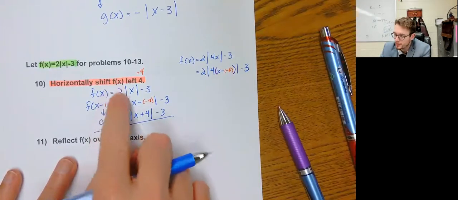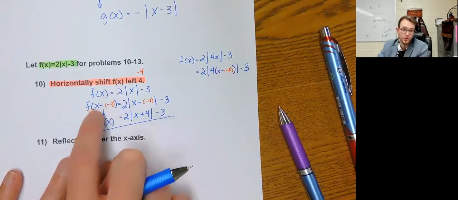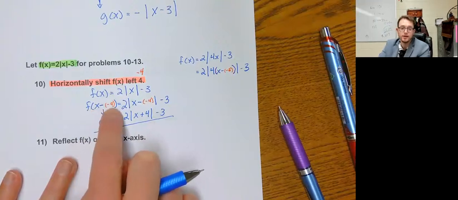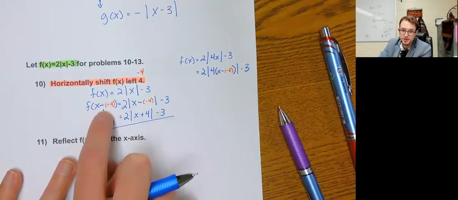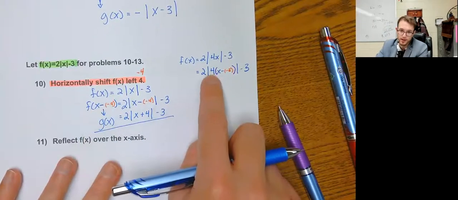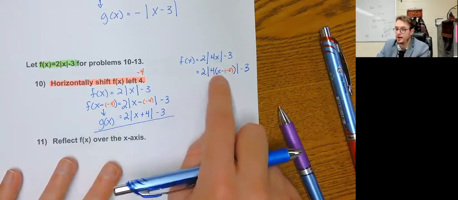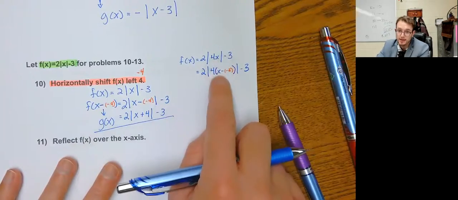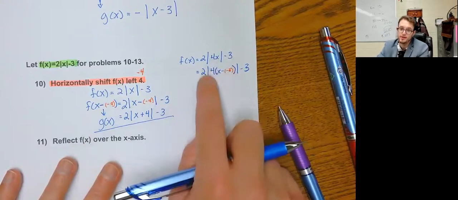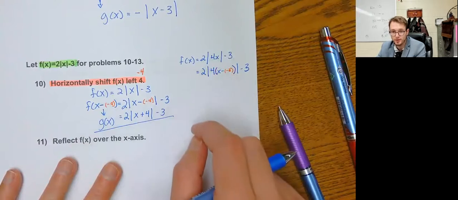When I do a horizontal shift left and I need to do x minus -4, that's happening just to x. It's not happening to 4x. It wouldn't be 4x minus -3. It's x minus -3, and it's 4 times that whole thing.